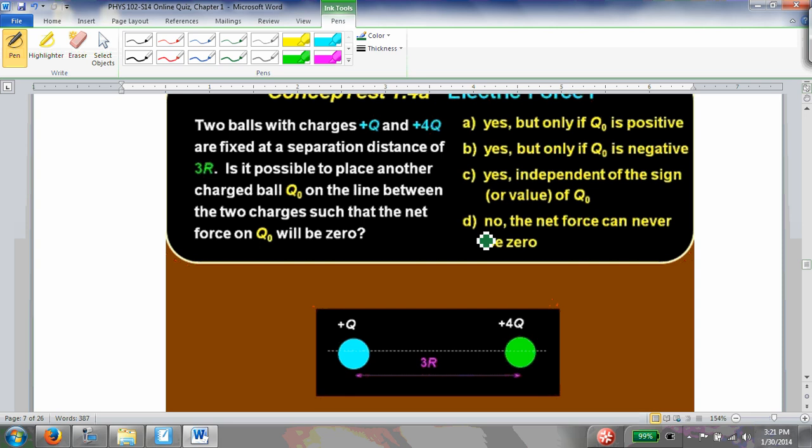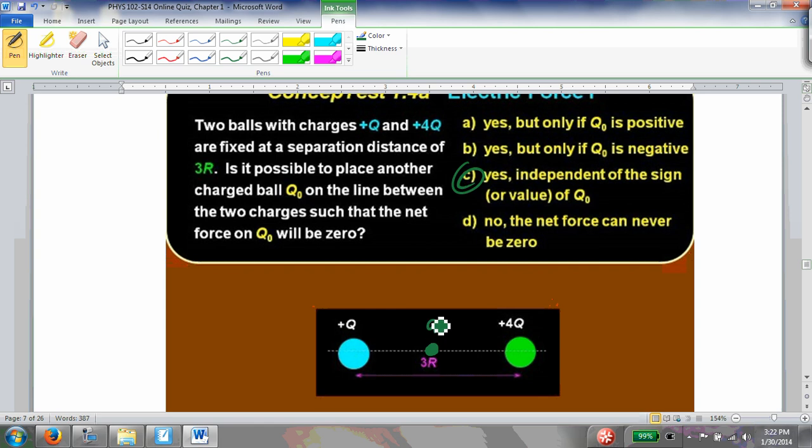Two balls, plus Q and plus 4Q, are separated by distance 3R. Is it possible to place another charged ball Q0 on the line between the two charges such that the force will be 0? Okay, the quick answer is yes, independent of the sign of Q0. It can either be positive or negative. I'll ask you another question too, and this is one that we asked in class: where would it be?